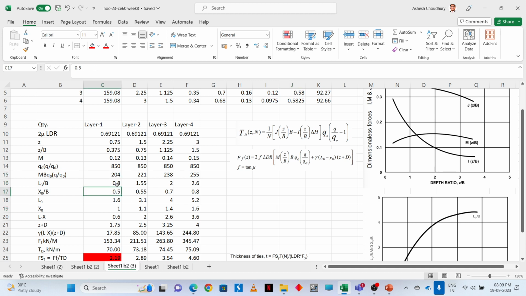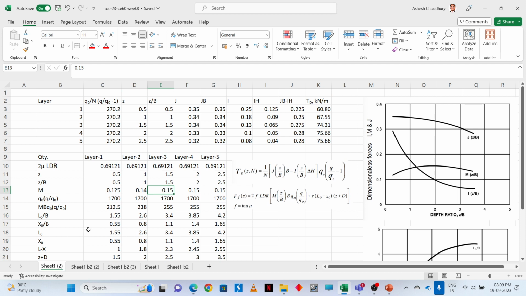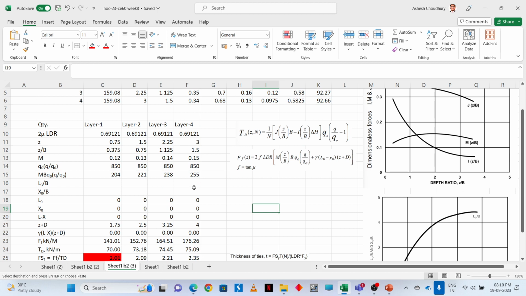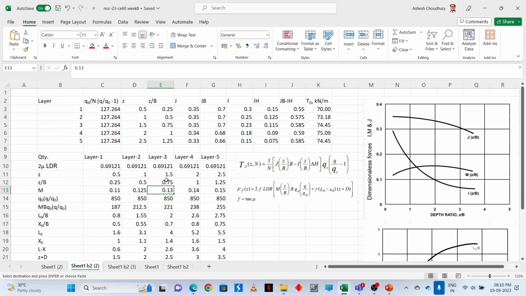Okay, again this L naught by B naught also you need to do again. So all this, 1.5, we can get 0.7.